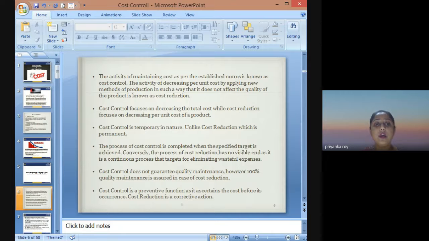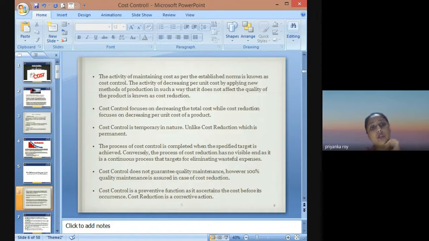The process of cost control is complete when a specific target is achieved. Conversely, the process of cost reduction has no visible end. It is a continuous process that targets eliminating wasteful expenses.